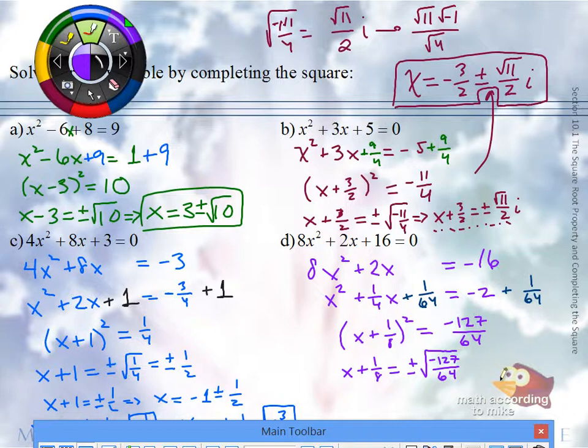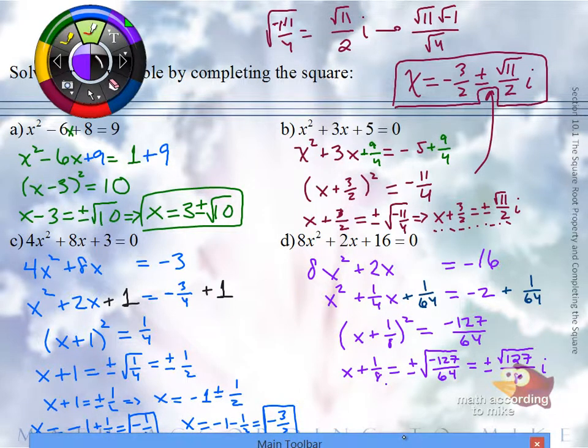How does the square root of negative 127 over 64 simplify? Square root of 127 over 8. I don't think 127 has any perfect squares. So we currently have x plus 1/8 equals this amazing thing. How do we solve for x? Subtract 1/8 and put it in front of the plus or minus.